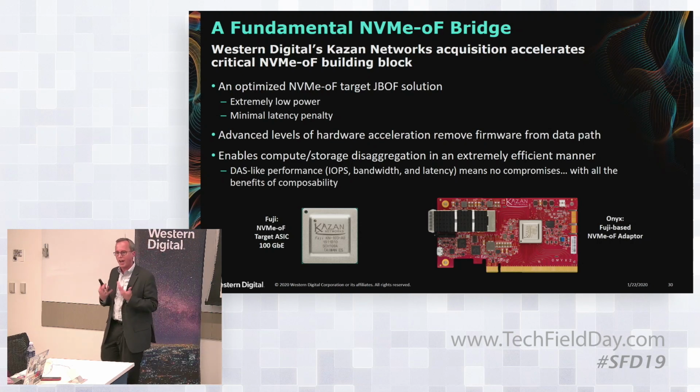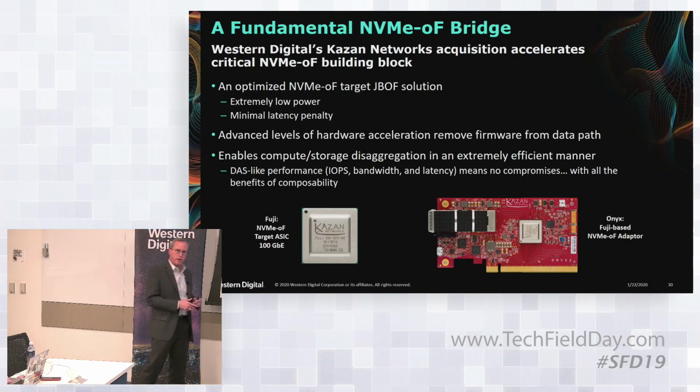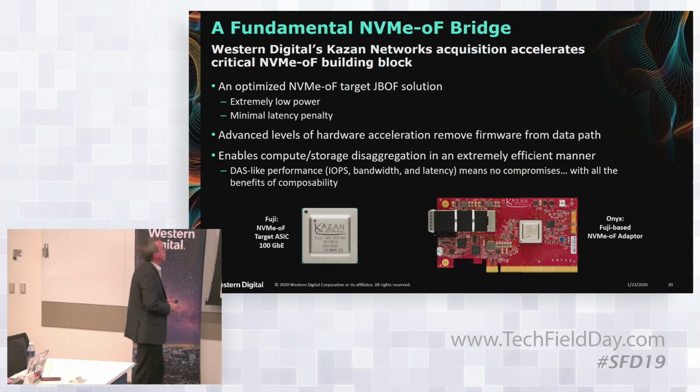And so we wanted to have the ability to integrate and have higher influence in and accelerate that technology, not only as a standalone component in the industry, but also within our platforms and our products. So that twofold push, we believe, will make the NVMe over Fabric and CDI space a reality sooner than otherwise. So why did we pick Kazan?